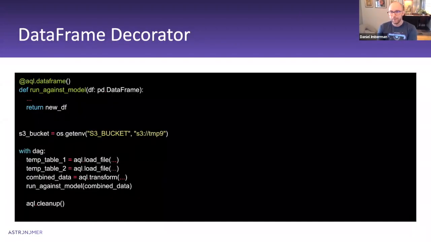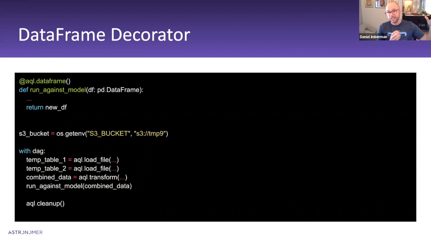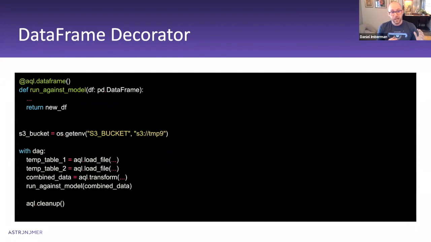Next, I want to talk a little bit about the data frame decorator. So we're talking about our Reddit example. We've taken our data, we've loaded it in, we've now essentially cleaned it, done all the silver level transformations like data deduplication and nulls. And now we want to pass it into our inference model to get predictions on the sentiment analysis.